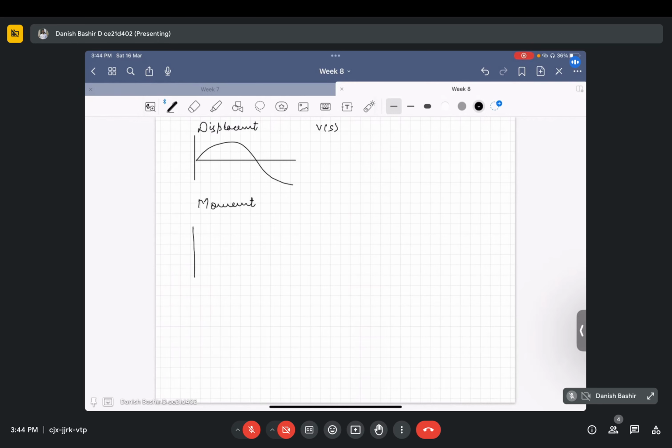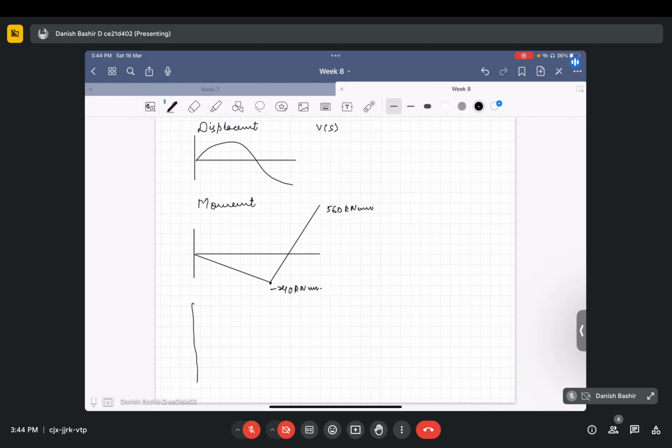So for moment, you have seen at the left hand, first it is 0, then up to the point it comes out to be minus 240, and then again it shoots up to 560. This is 560 kilonewton mm, this is minus 240 kilonewton mm. You remember these values.